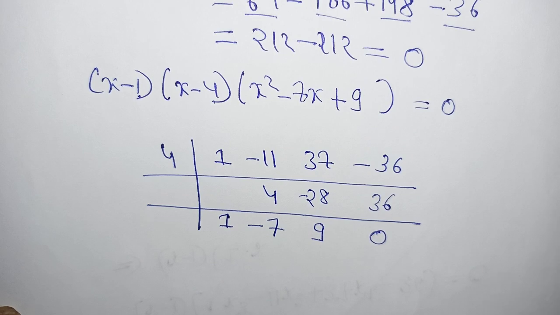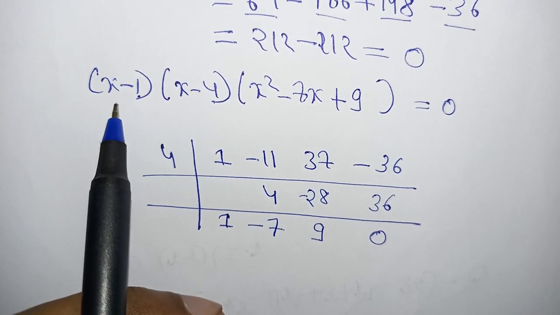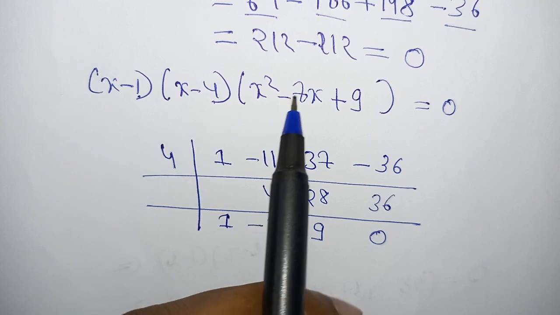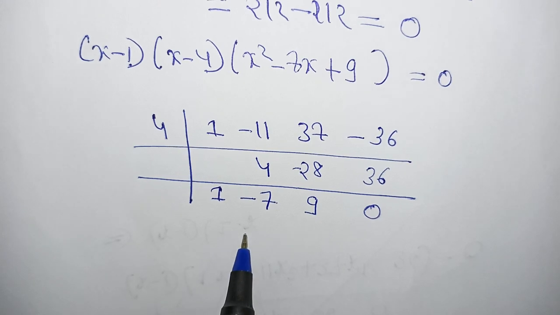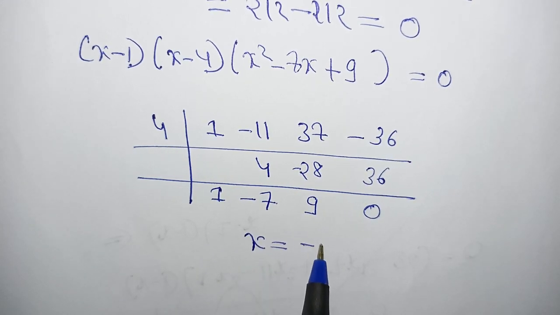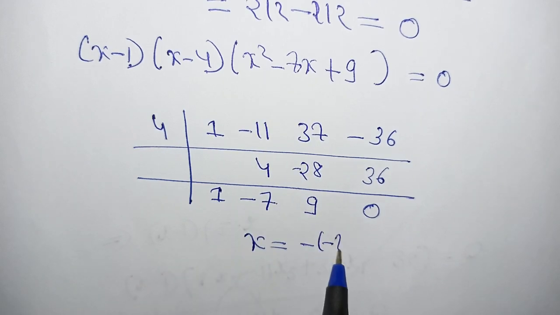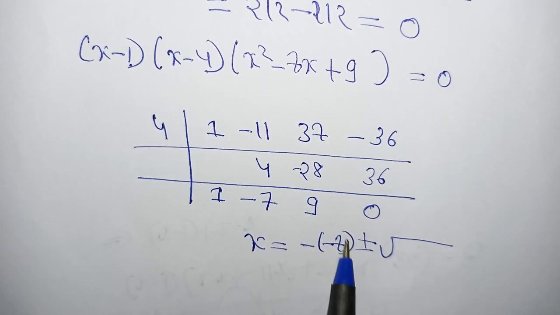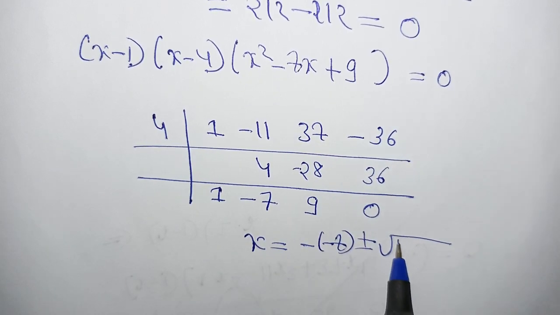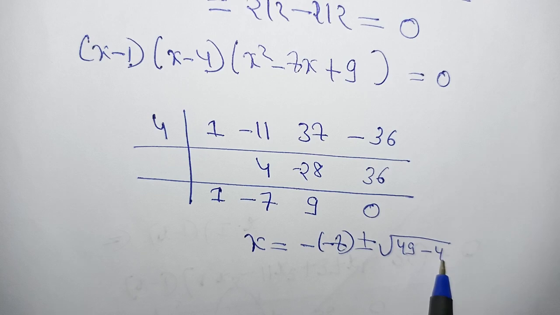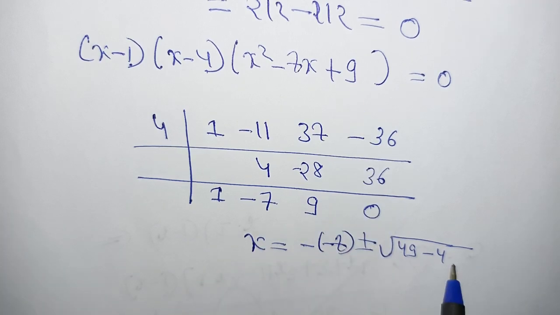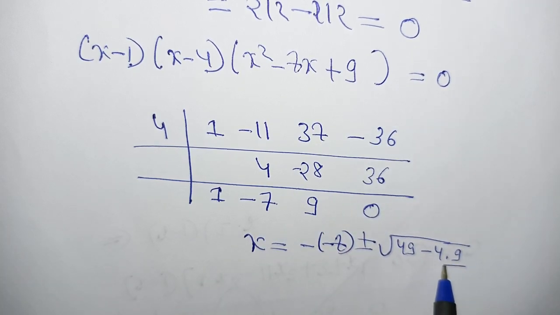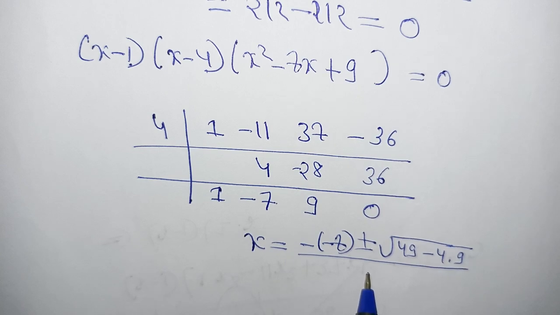Finally we have two factors, x minus 1 and x minus 4, and then a quadratic equation. To solve a quadratic equation we know the formula: x is equal to minus b, which is minus 7, so 7 plus minus the root of b square, that is minus 7 square is 49, minus 4 into a is 1 and c is 9, so 1 into 9, divided by 2 into a, which is 1.